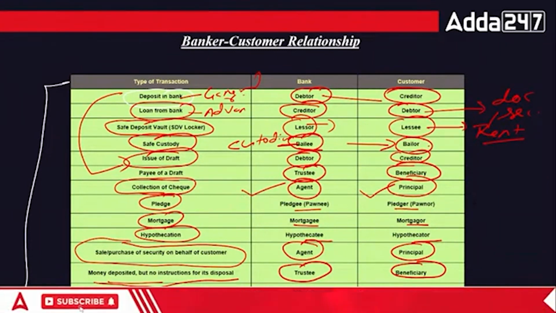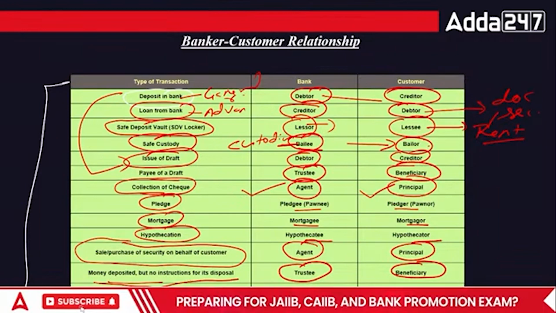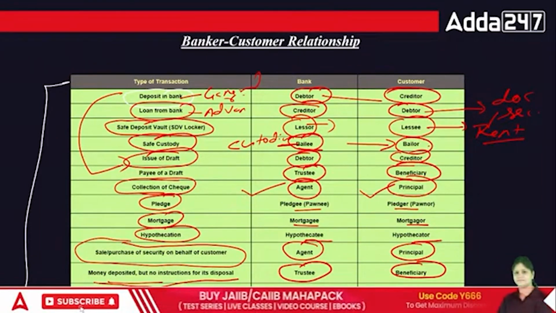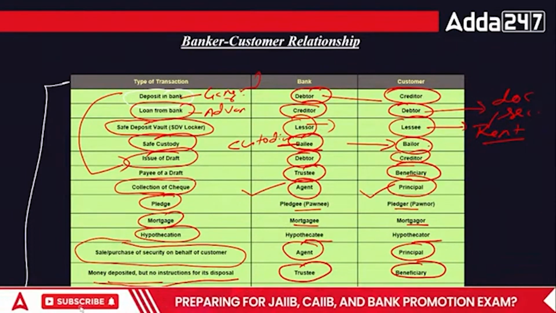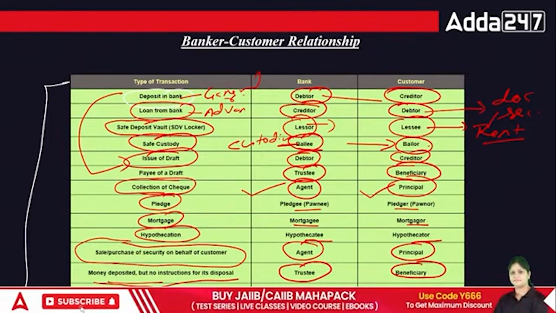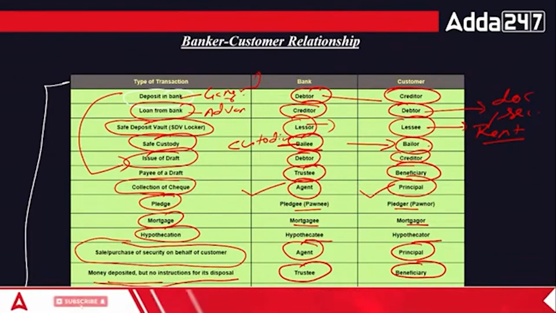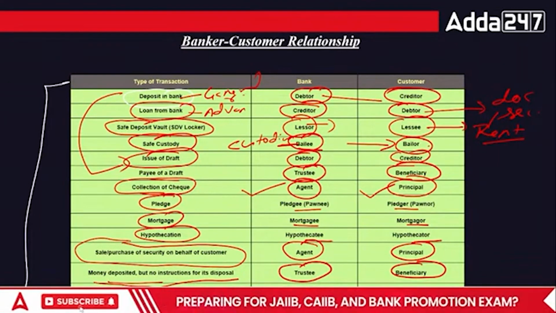It is like debtor and creditor, creditor and debtor, trustee and beneficiary, bailee and bailer. So in case of any valuable bond, securities or other document kept in the safe custody of the bank, the bank is the custodian, bailee, and the customer is the bailer here.